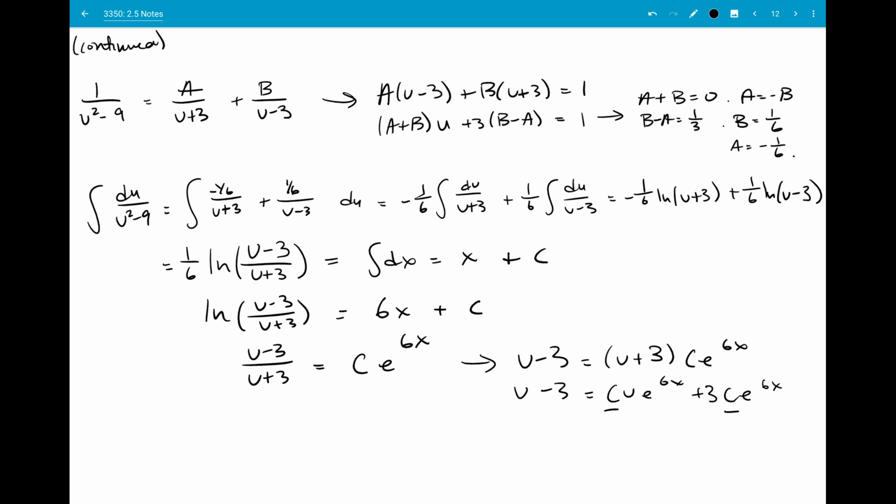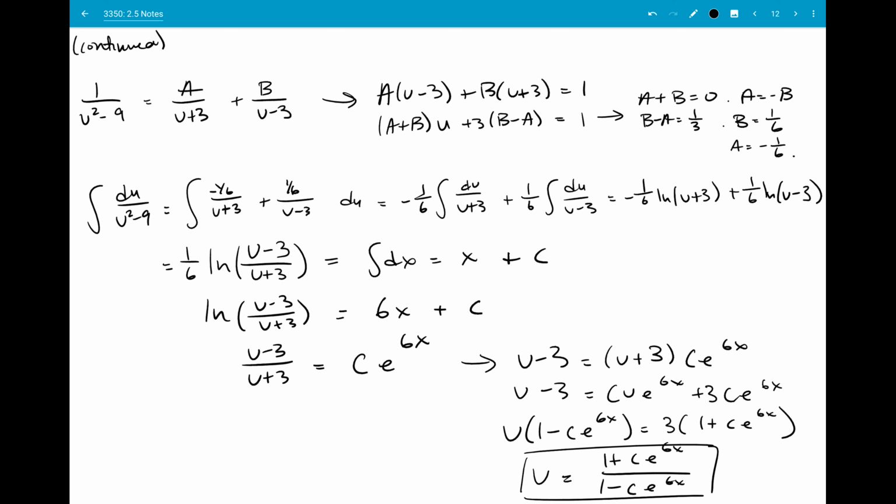Now that c appears in 2 places, I have to be careful with my algebra. So u times 1 minus c e to the 6x is equal to 3 times 1 plus c e to the 6x, just moving all my u's to one side and moving my minus 3 over. Or u is 1 plus c e to the 6x over 1 minus c e to the 6x, the solution.